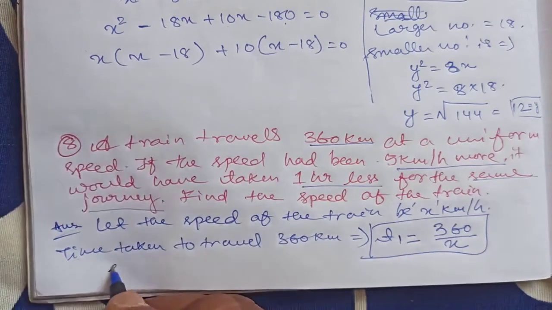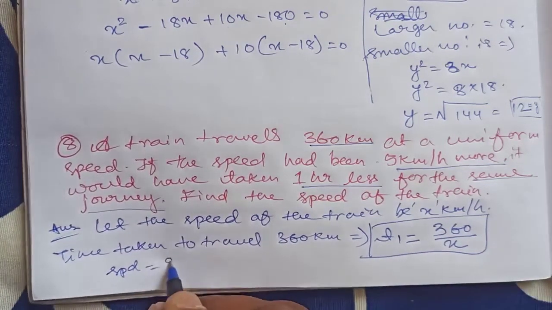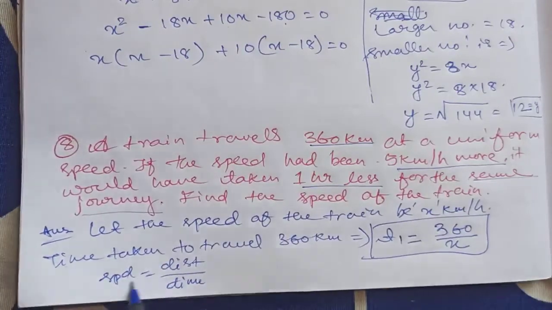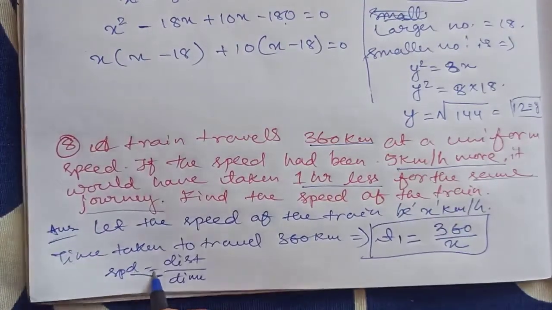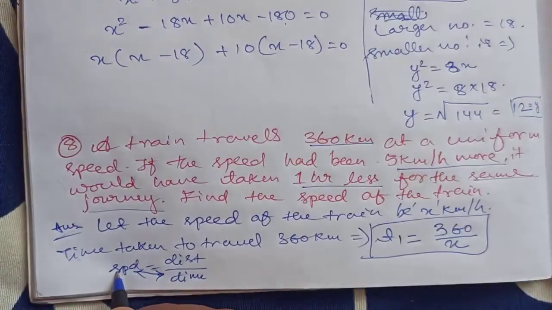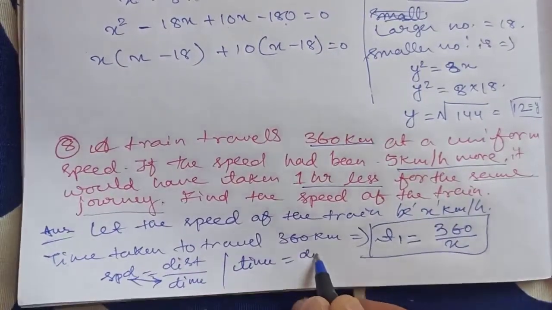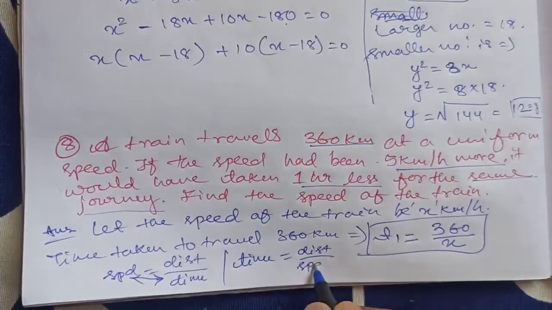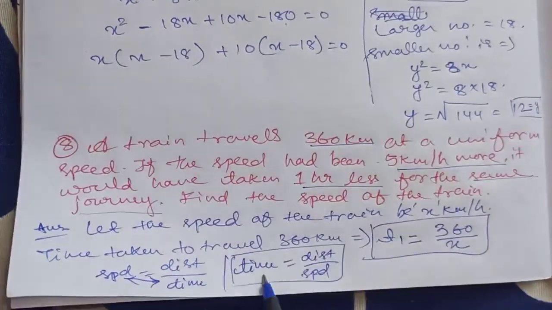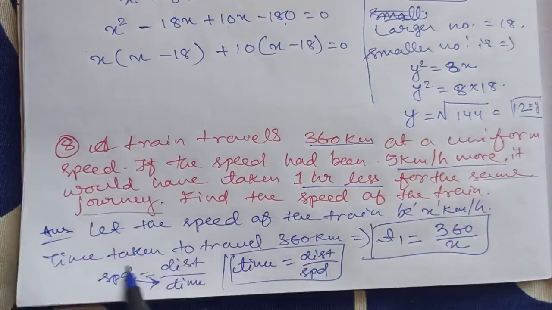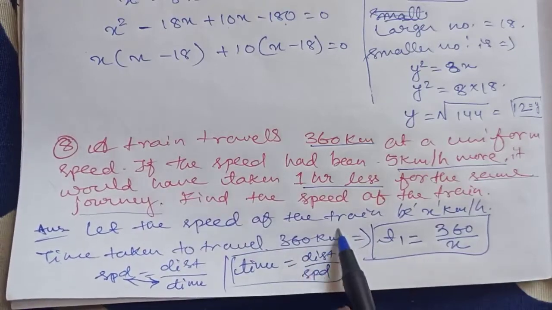What is the formula? Speed equals distance by time, we know, is it not? If I interchange, writing time here and speed here, the new formula will be time equals distance by speed. So in the first situation we are finding the time taken to travel 360 km.